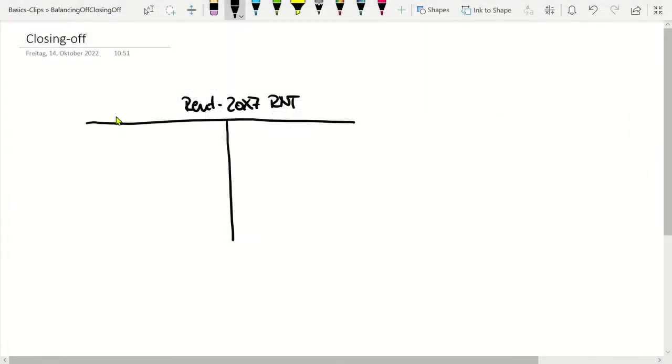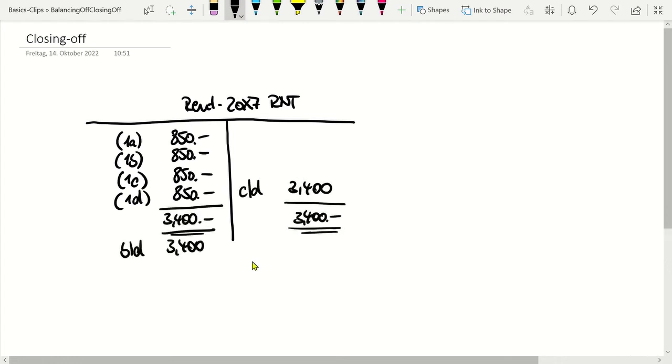The company PELZERHAGEN paid quarterly rent. We record the bookkeeping entry 1 alpha to the extent of 850. After we recorded all 4 bookkeeping entries, we balance off the account. Next, we want to transfer the 3,400, which is an expense in the rent account, to the profit and loss account. We record the profit and loss account for the accounting period 2007.